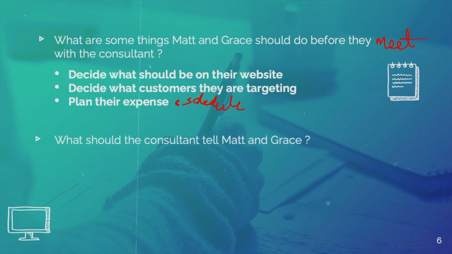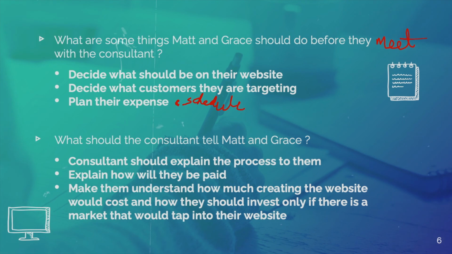The next question is, what should the consultant tell Matt and Grace? The consultant should basically explain the process of setting up the e-commerce website to them, because as per the case study, they don't seem much aware of the process. The consultant should also explain how Matt and Grace would be paid once the order has been placed, because they were concerned about that.